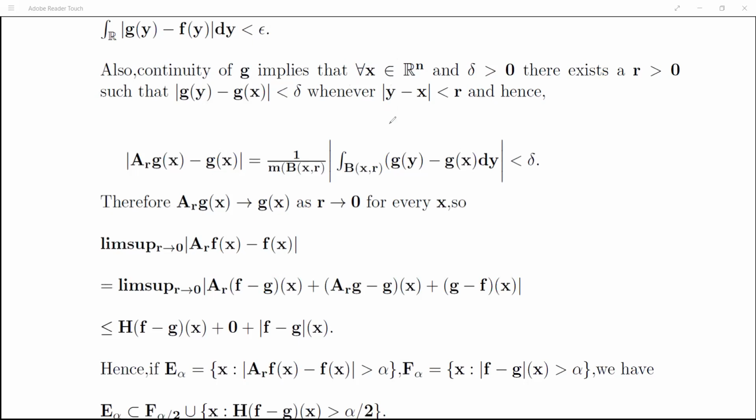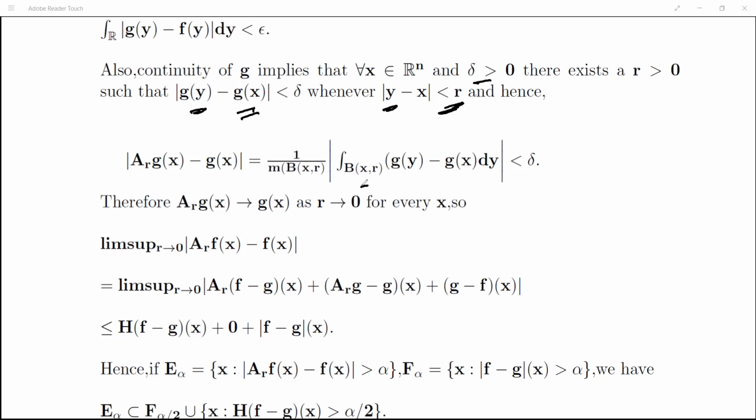For g, you don't have any problem, because if your y is sufficiently close to x, then g(y) will also be sufficiently close to g(x). So for every positive delta, I can choose a small r such that whenever |y minus x| is less than r, |g(y) minus g(x)| is less than delta.